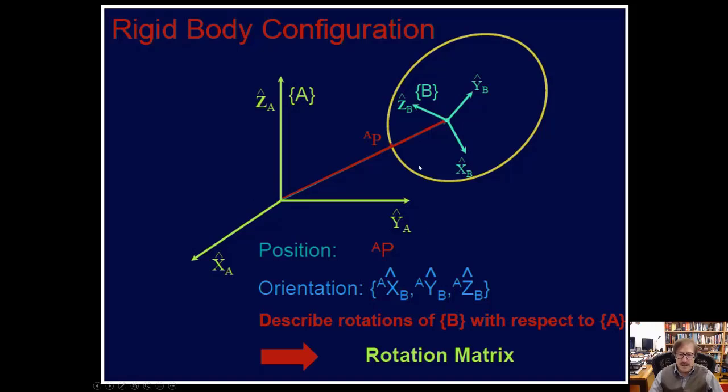So if I know how to express these mathematically, that means I can exactly represent this point with respect to the base frame.